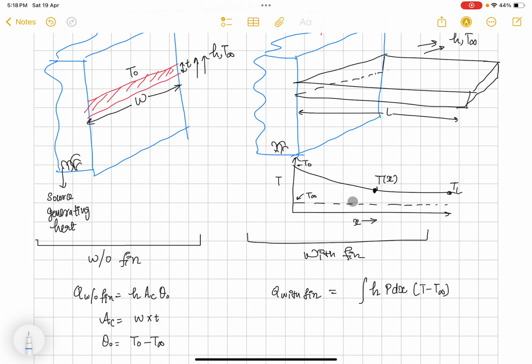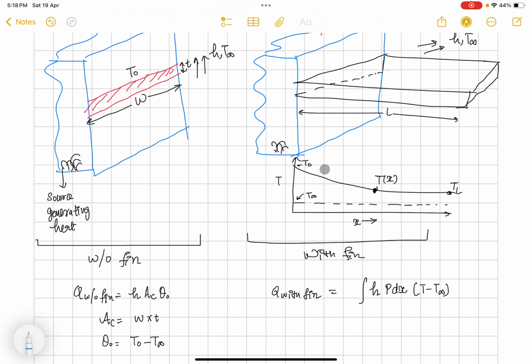For the right hand side case, when the fin is attached to the surface, in general heat transfer from the whole fin is defined like this: heat transfer coefficient times the perimeter of the fin times the elemental distance dx along the length, times T minus T infinity, where T is variable as we can see.